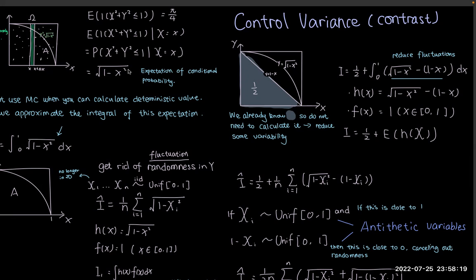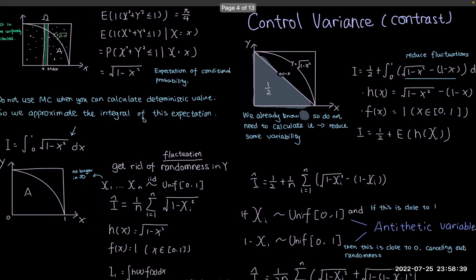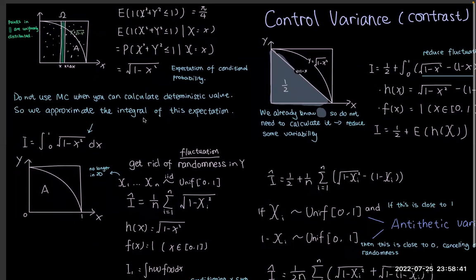You don't want this fluctuation, so you want to reduce the variance. The point is, if you can compute anything deterministically, you never want to use the Monte Carlo method to introduce randomness or noise. So avoid the Monte Carlo method whenever you can use a deterministic method to do the calculation.